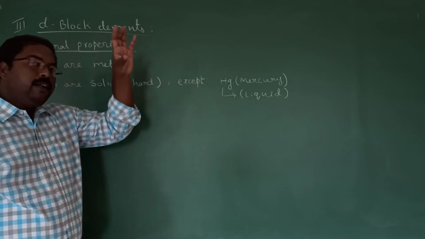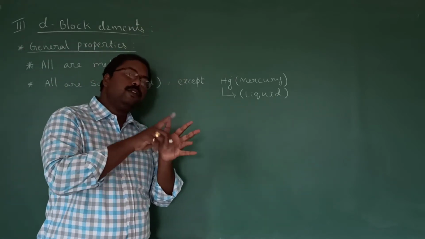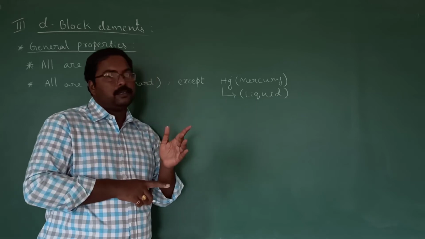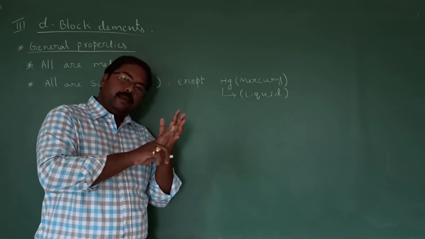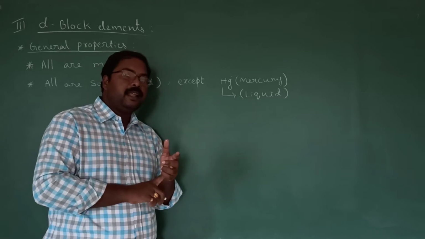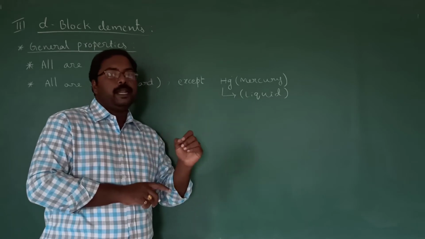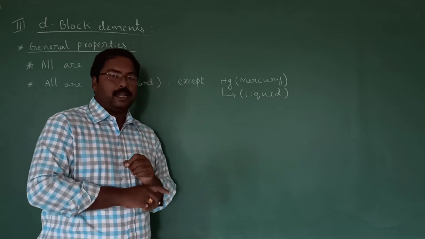Okay? Coming to P block elements, if you observe, P block elements are metals and non-metals as well as metalloids. So it contains mainly metals, meaning solids, and non-metals, generally gases. But there is one non-metal, bromine, which is in the liquid state. Okay?